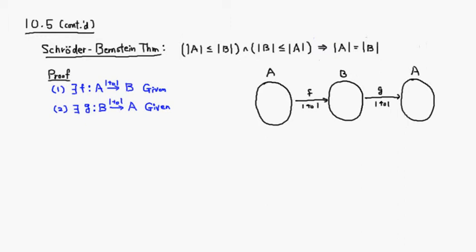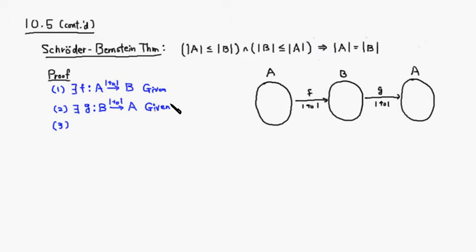And what we're trying to do is come up with a bijection. So the first thing we do is tweak this g so that it becomes also onto. Here's the easiest way to construct an onto function.